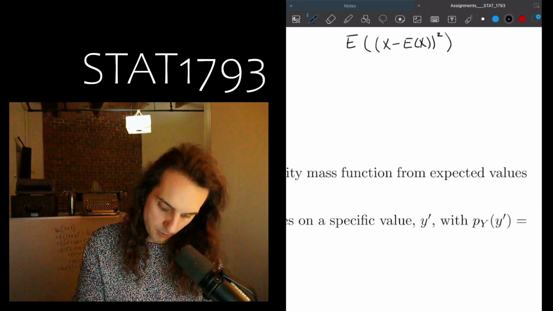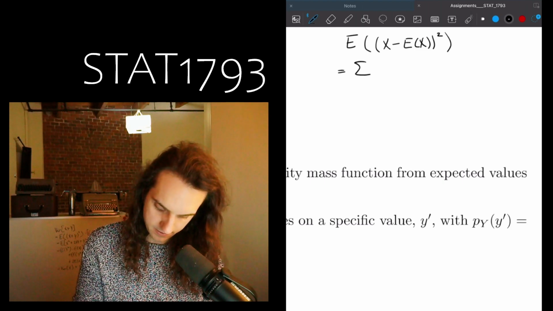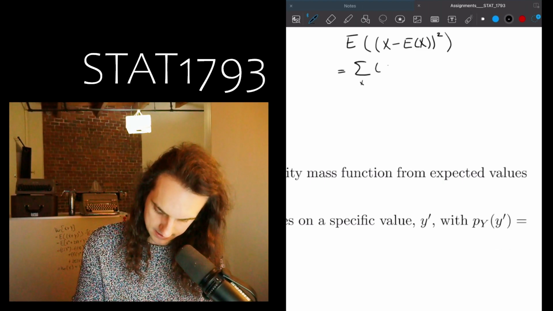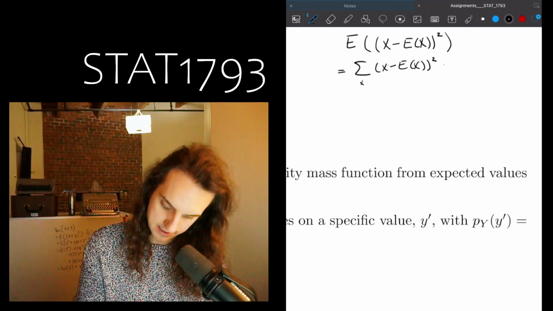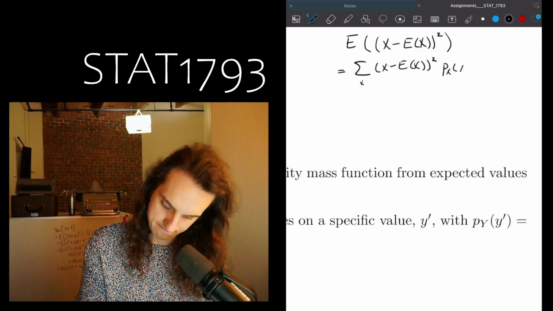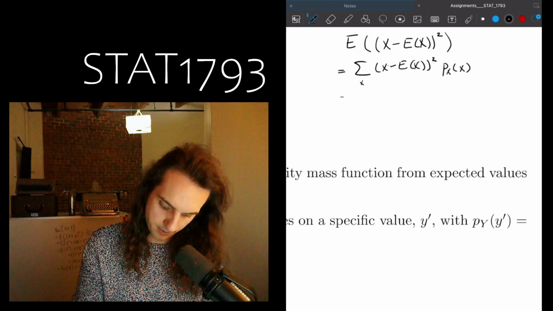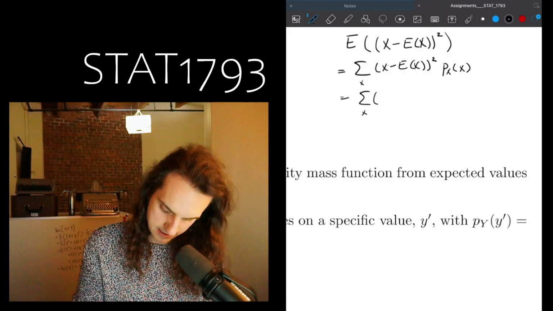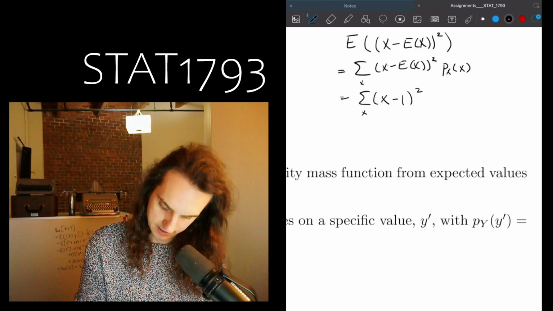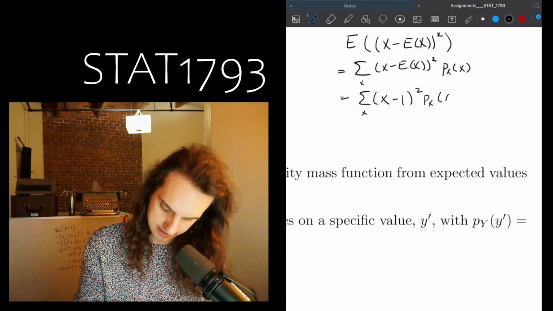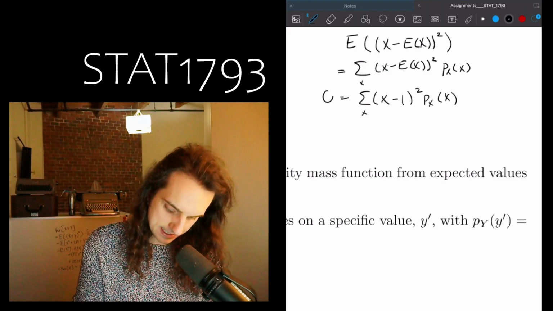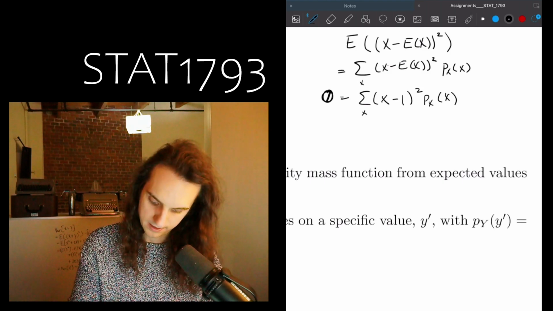And so what we need to do is sum up over all possible values of x minus its expected value squared times its probability here, right? And in this case, the summation has to be x minus 1 squared, probability of x, right? And we know that this has to sum up to be 0.